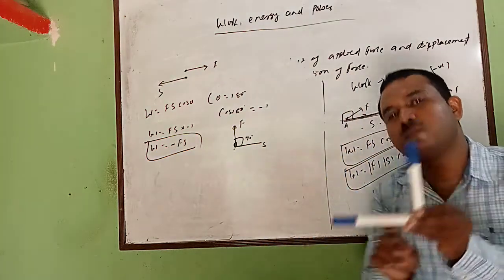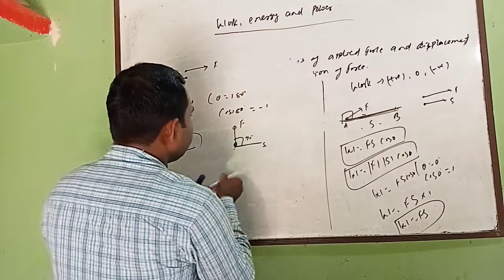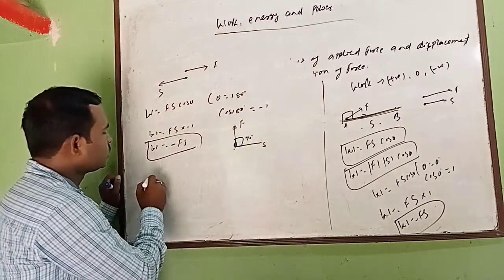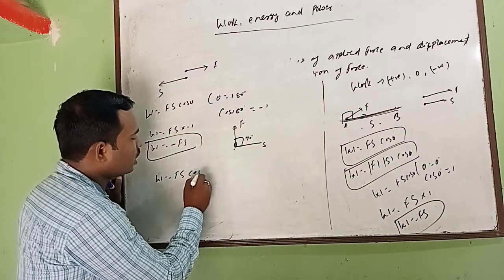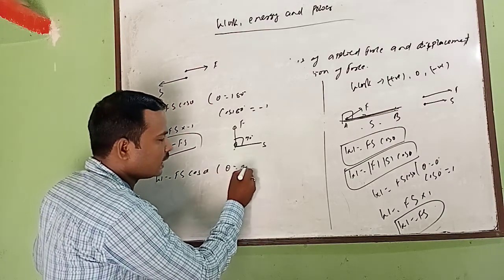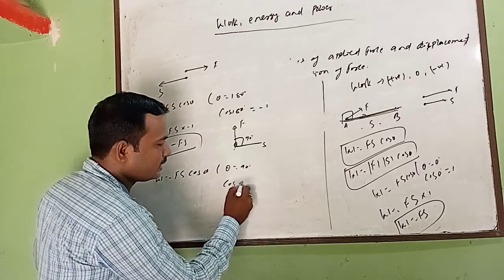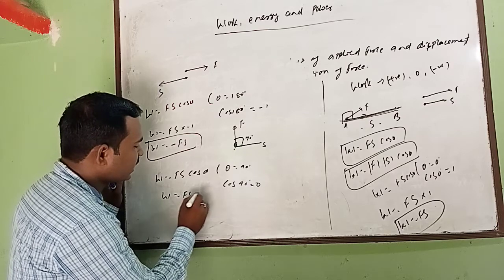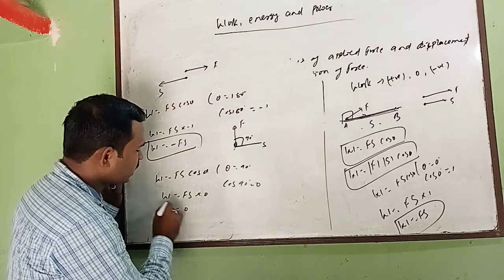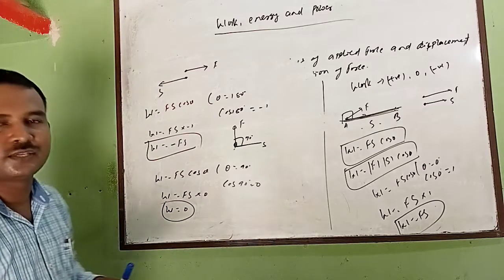What is the angle between them? 90 degrees. So here also you will take W is equal to Fs cos theta. Theta is equal to 90 degrees. Cos 90 is equal to 0. So W is equal to Fs into 0. W is equal to 0. You can write here. Okay, very good.